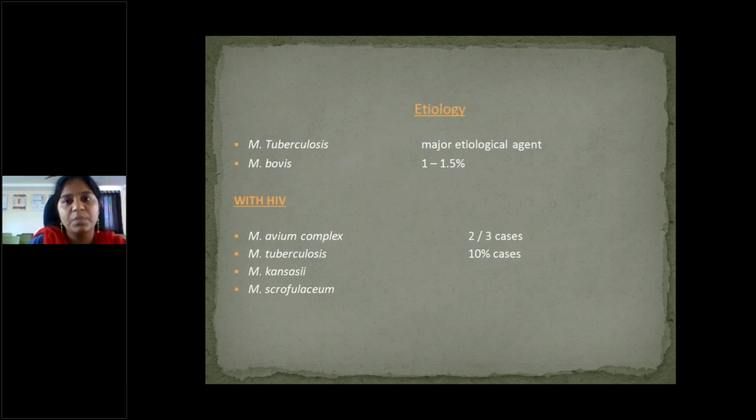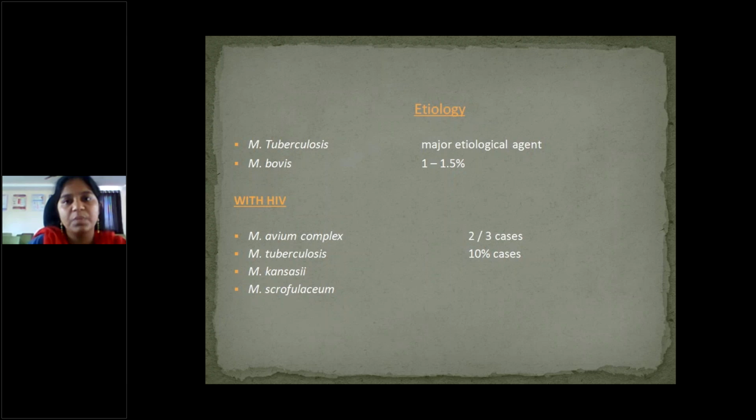Etiology. You all know the common organism causing this: Mycobacterium tuberculosis is the major etiological agent, and there are also many other atypical Mycobacteria which can cause tuberculosis, but not always. Some of them are Mycobacterium bovis, which causes up to 1 to 1.5% of total cases.